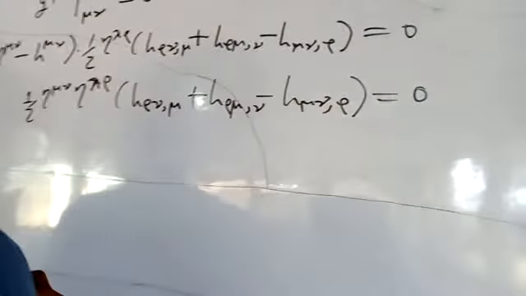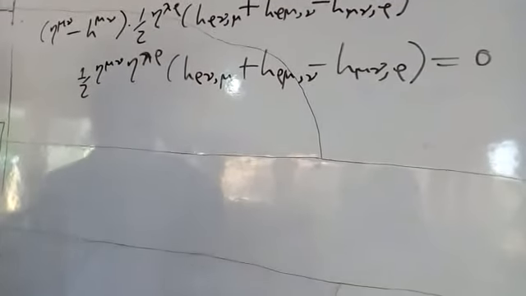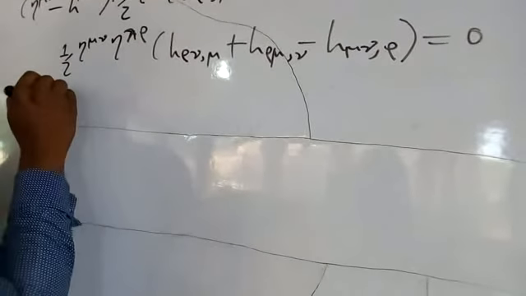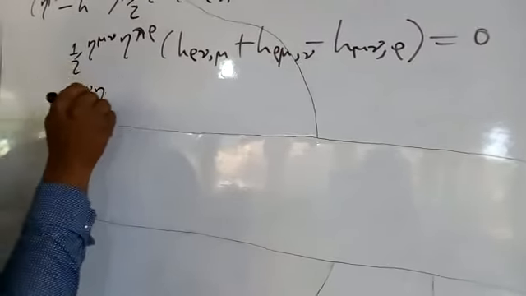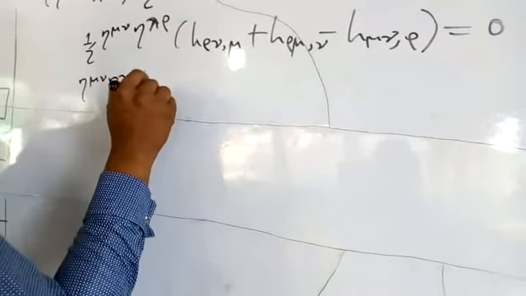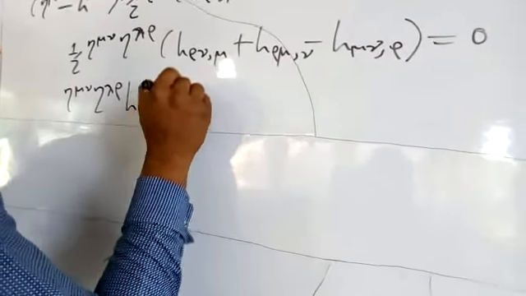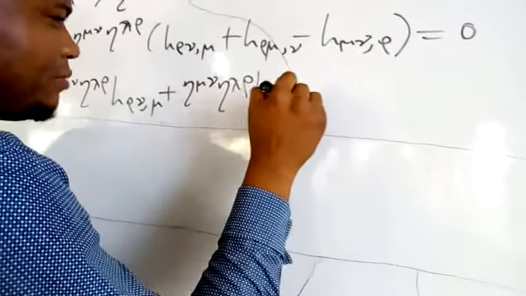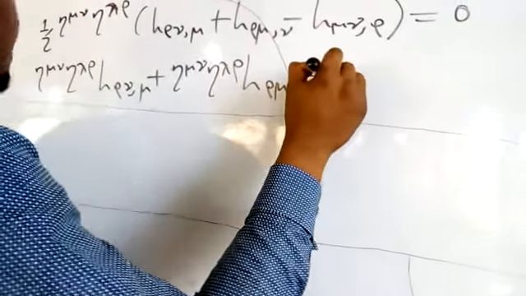This is all equal to 0. Well, we can multiply both sides by the 2, and that gives us just so we can do without that. So I have this lambda rho multiplying h this comma mu plus mu nu lambda rho multiplying this comma nu minus.